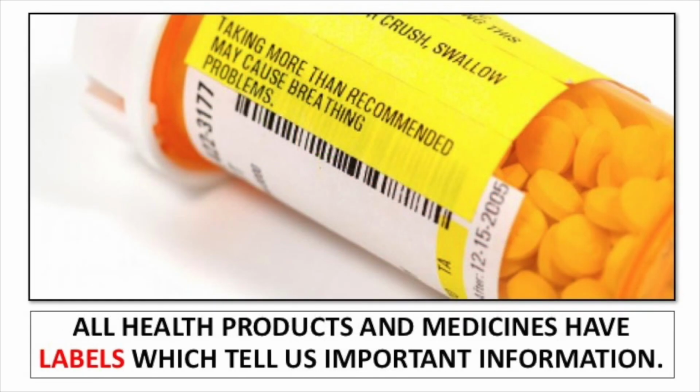All health products and medicines have labels which tell us important information, like you can see here. Look at these types of medicine tablets. And here on the packaging you can see labels.